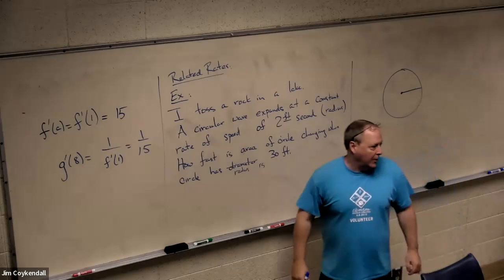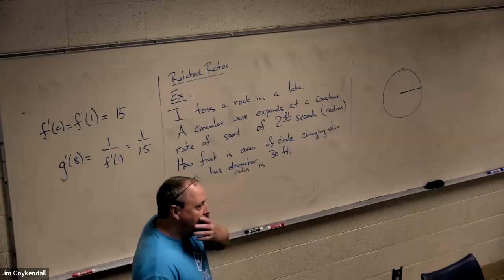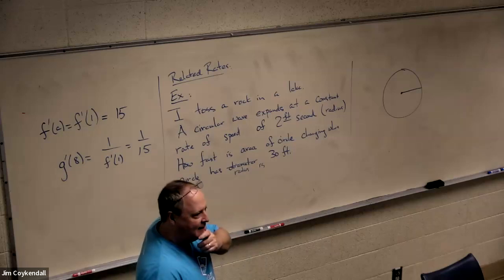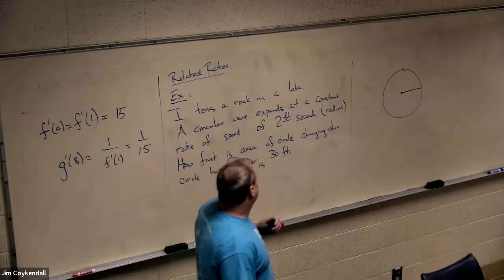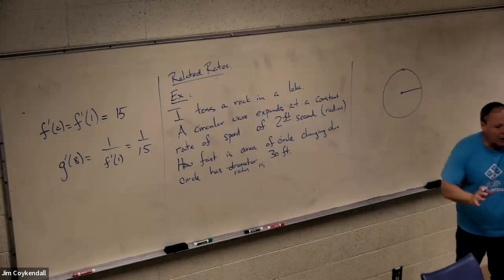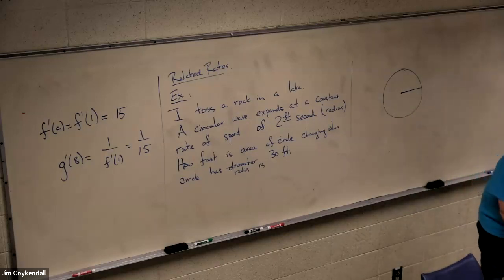What should I call the radius? Should I assign a value to it? How should I label that? Let me ask you this: as this problem progresses and evolves, is the radius the same?